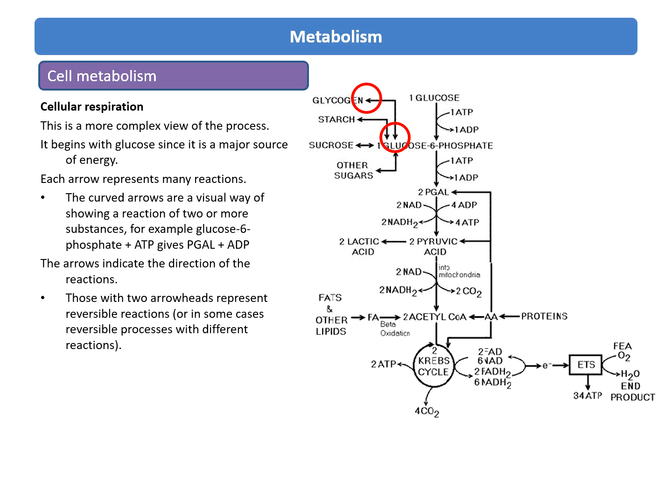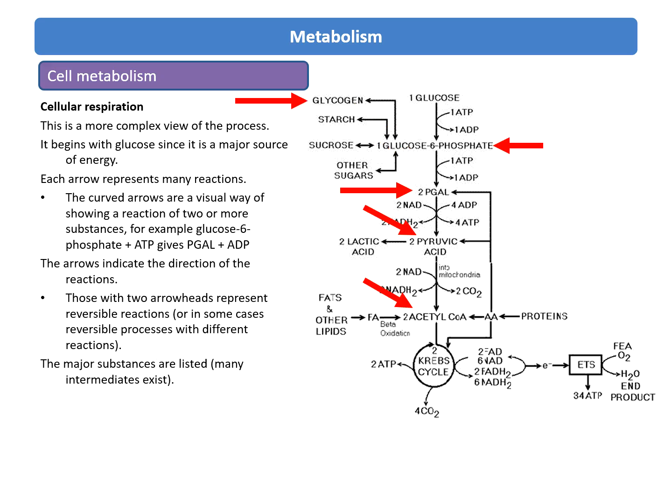Now, that does not necessarily mean it's the same reaction. It may be a process involving different reactions that achieve the same result. The major substances are listed, and there are many, many intermediates. For example, glycogen, glucose 6-phosphate, PGAL, pyruvic acid, and acetyl-CoA.